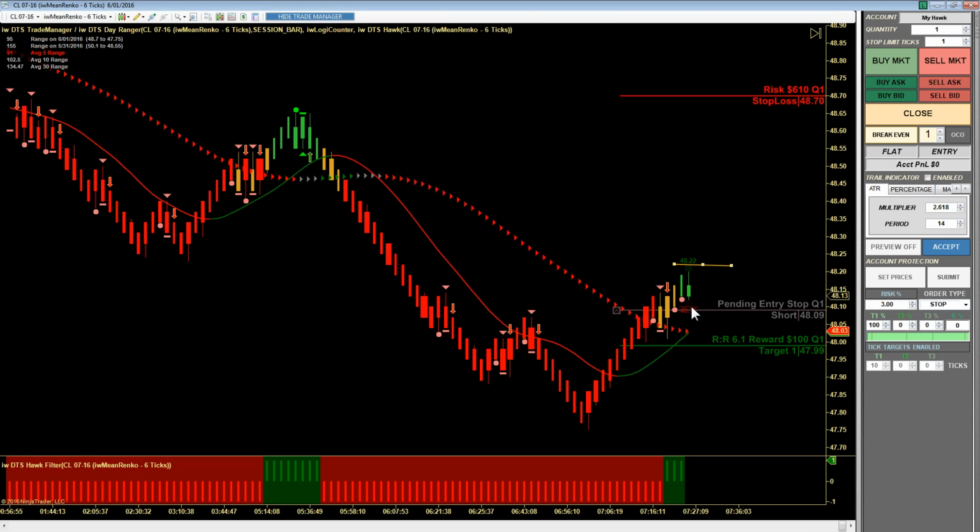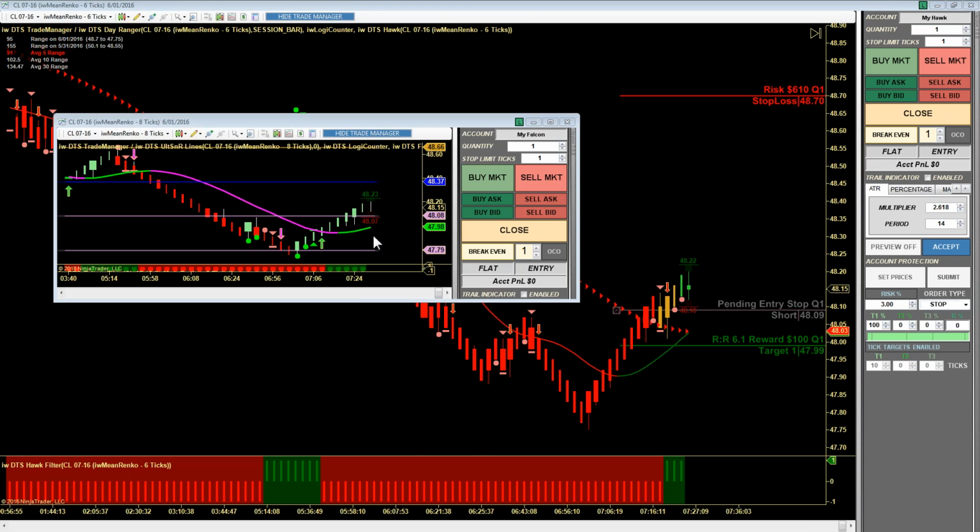But if the signal prints to the short side, you could also set up to buy the failure. Or you could just say, hey, it's an early warning that perhaps the trend might be changing over, which is also what we're looking at with the Falcon, right? Right, we're looking at the Falcon with a possible trend change.